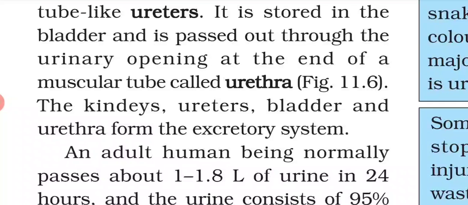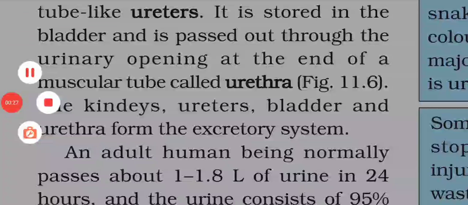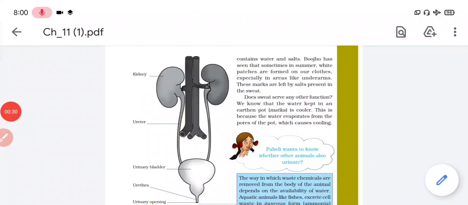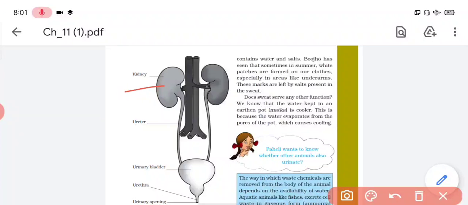So the kidney, ureter, urinary bladder, and urethra form the excretory system. By this diagram, we can easily understand the excretory system. Each human being has two kidneys, one on the left side and the other on the right side. The capillaries inside the kidney filter the blood.